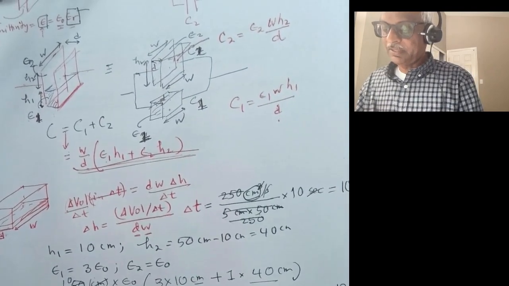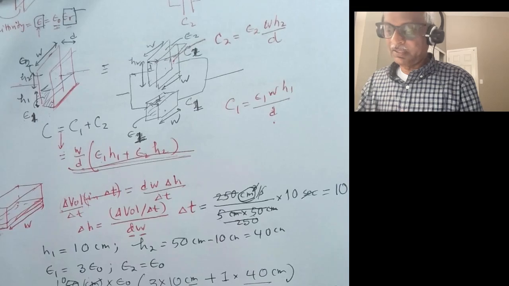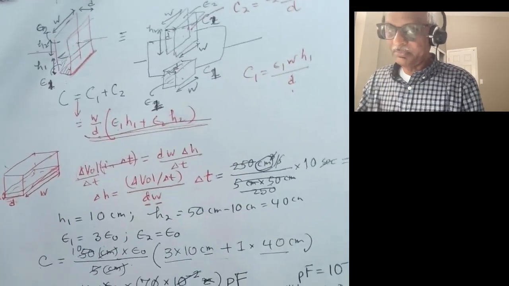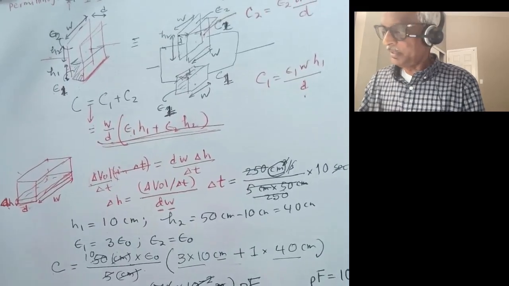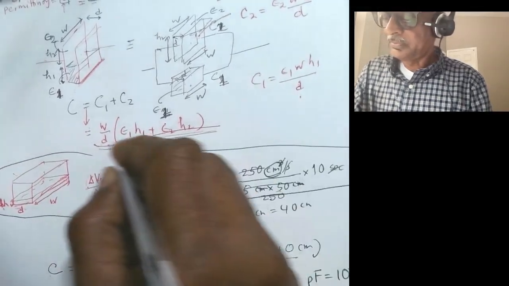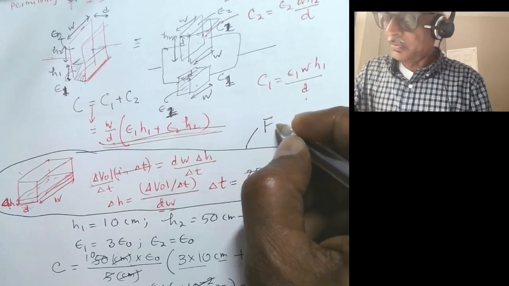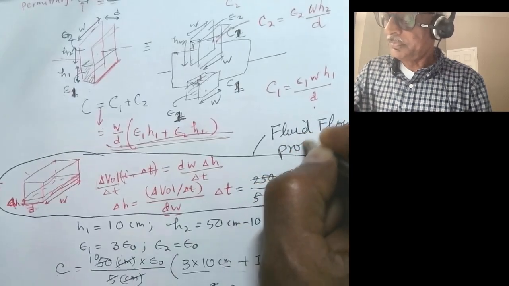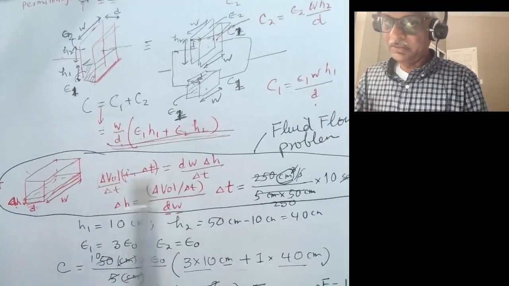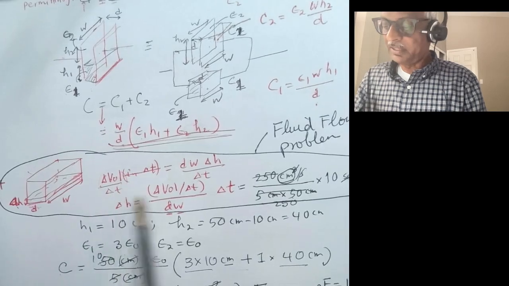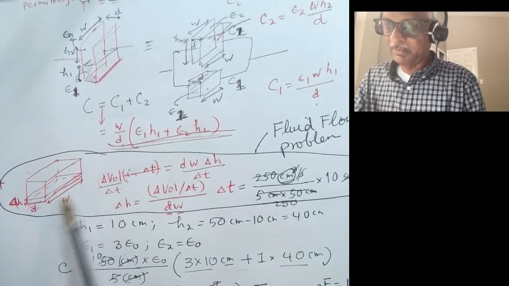If you review this problem, there's actually a little bit of a fluid flow problem. This part is a fluid flow problem, and this is going to stump people because this is the volume rate and you have to think about how it's rising.